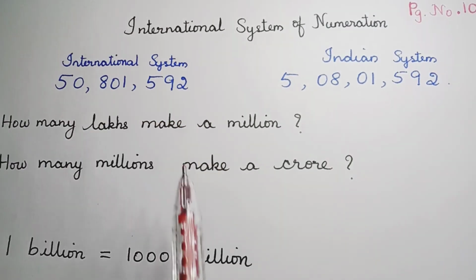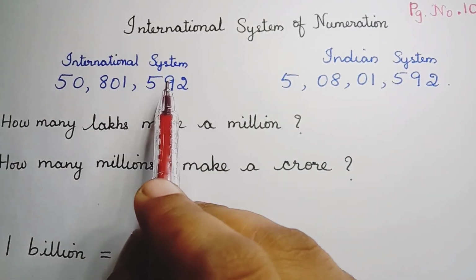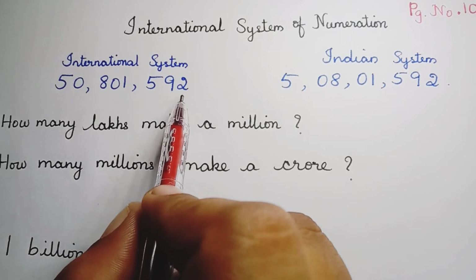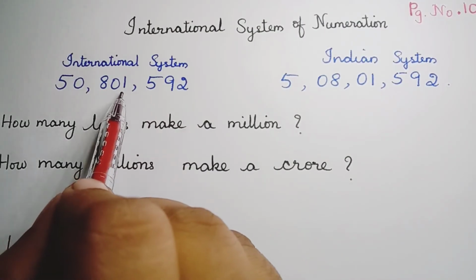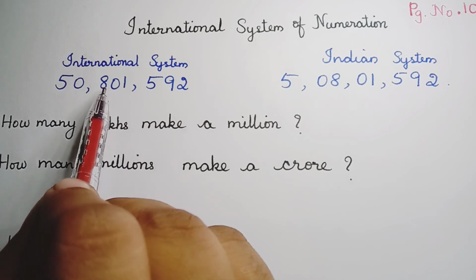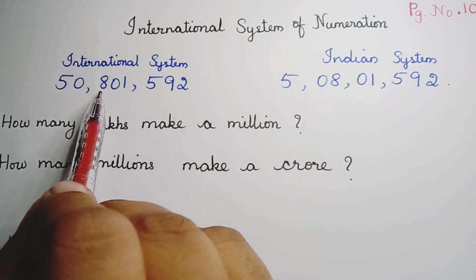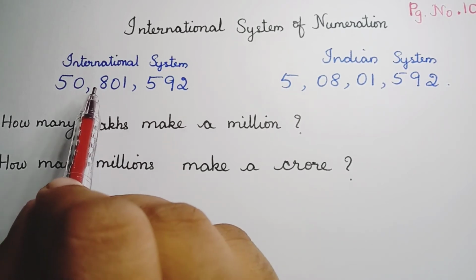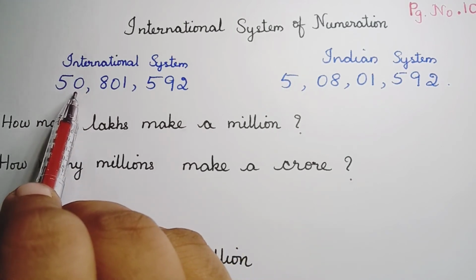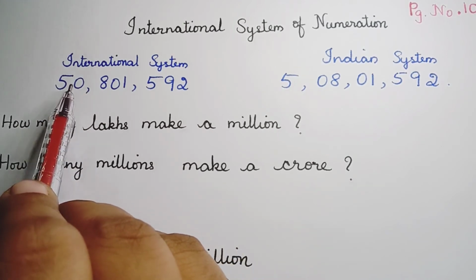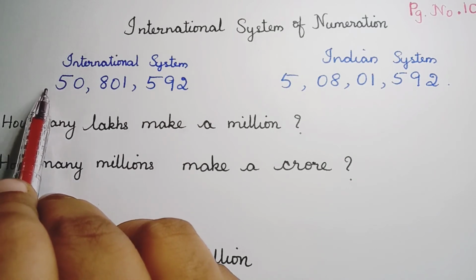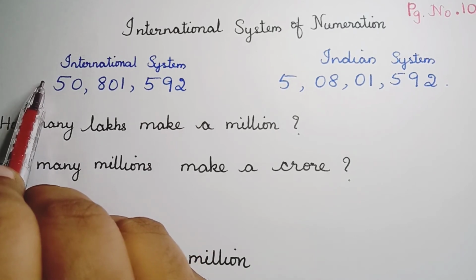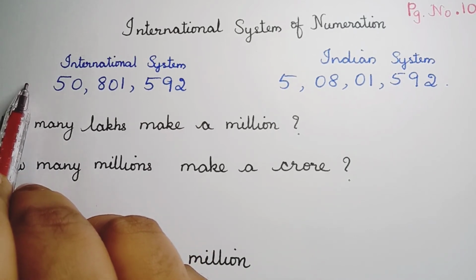Now I will read for the international system. You have to read from here: ones, tens, 100, 1,000, 10,000. Then this is 100,000. So the next one will be million. This is 1 million, 10 million, 100 million. When you go to the next step, it will be billion.